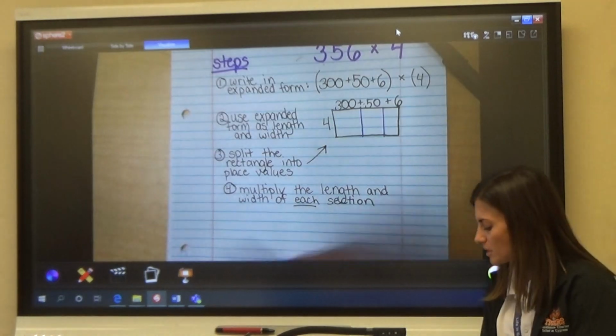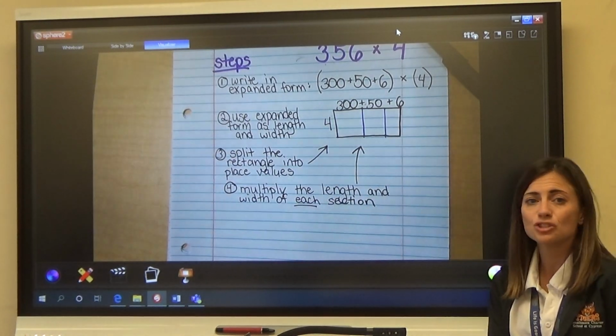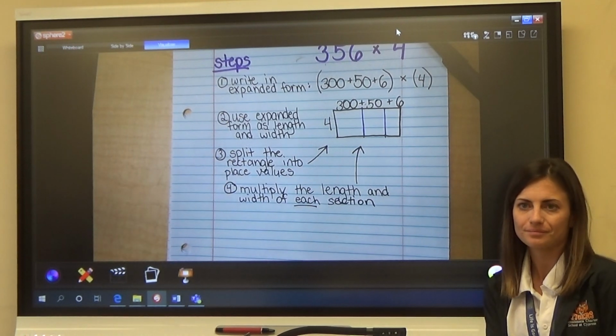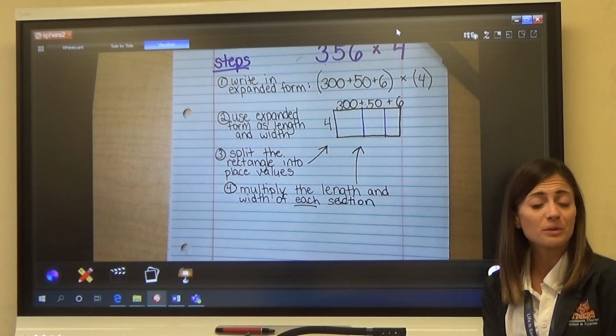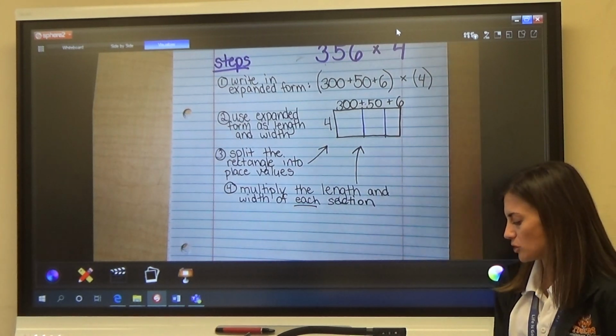All right, we're going to multiply the length and the width of each section. What that's going to look like is just like if we were solving an area equation.